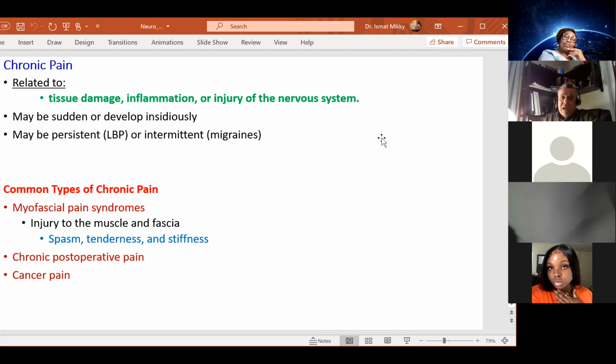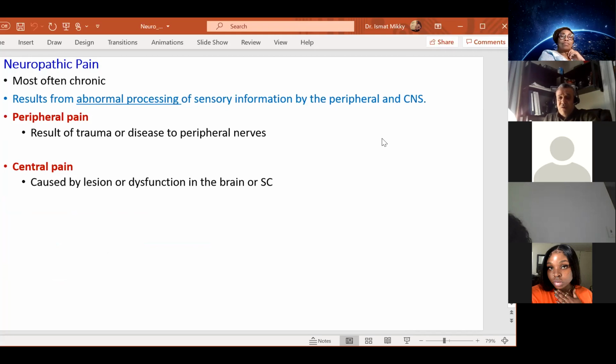It's highly likely that this could be from the buildup of abnormal tissues and adhesions post-op. The buildup of these adhesions could result in a chronic pain over time. Neuropathic pain, you will see this in patients with diabetes, for example.